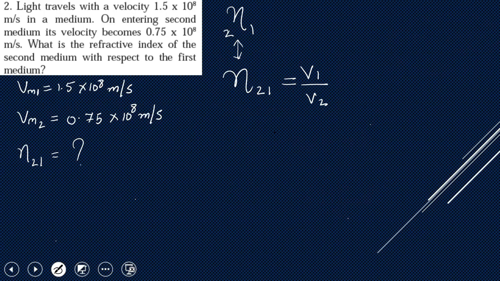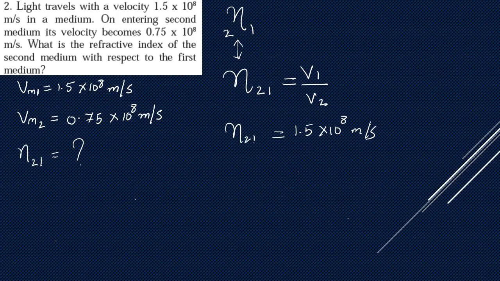So what is the velocity of light in medium 1? They have given 1.5 into 10 to the power 8 meter per second divided by 0.75 into 10 to the power 8 meter per second. Now 10 power 8, 10 power 8 cancel. 0.75 and 1.5 will go by 2.